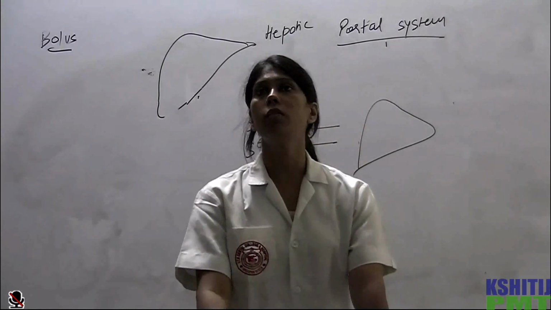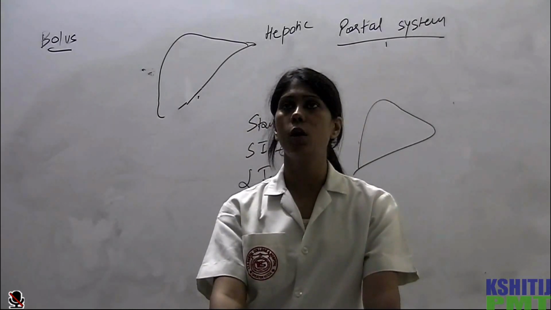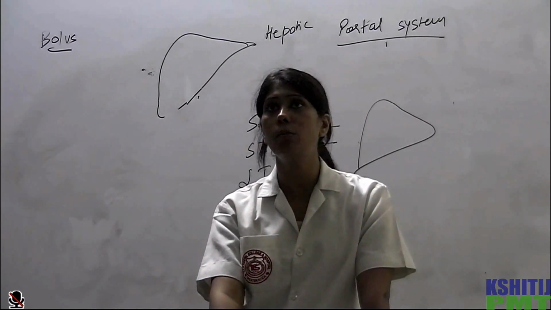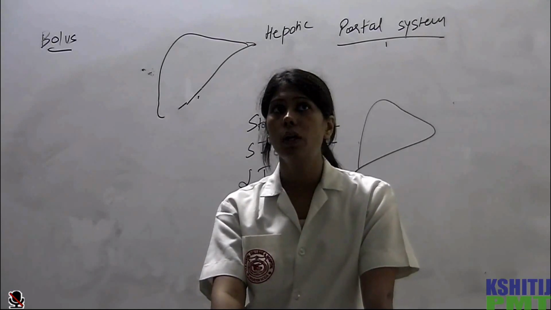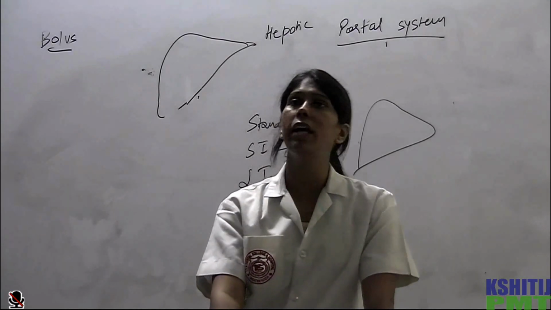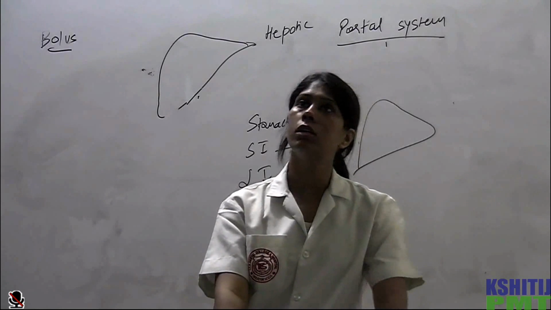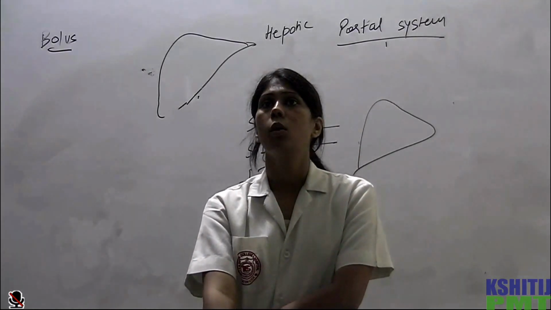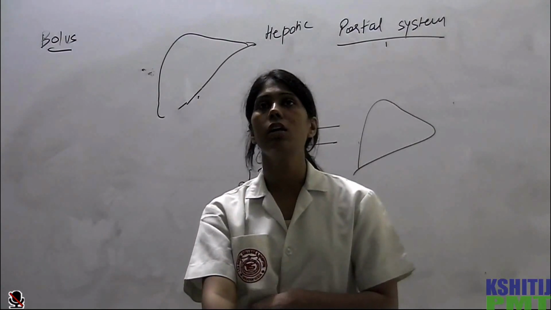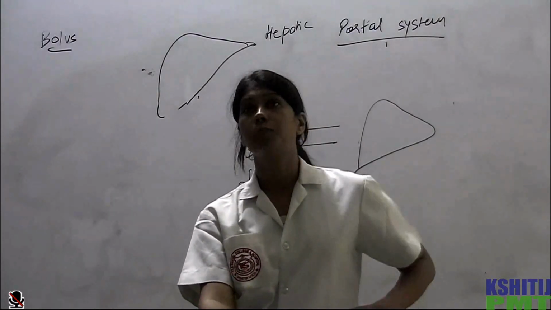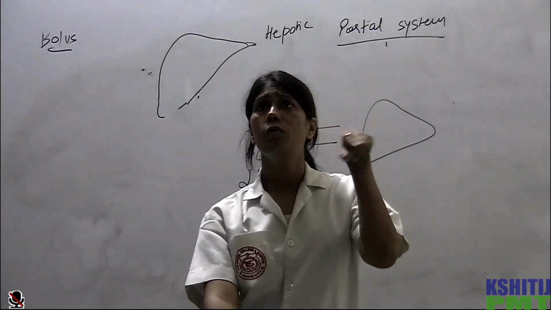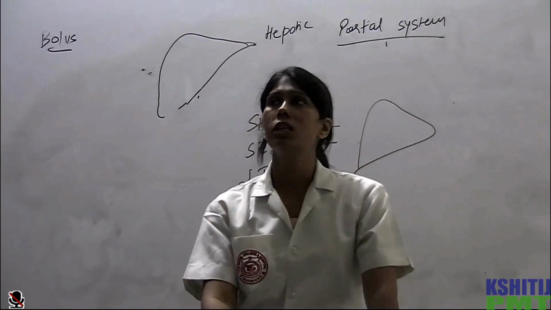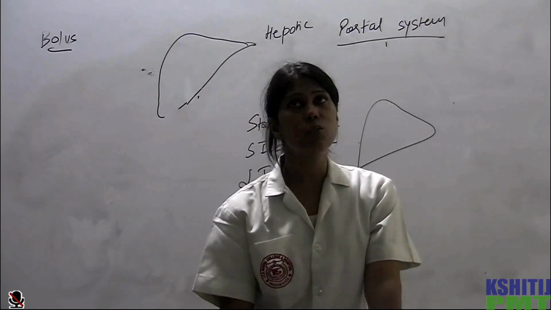So what will happen if the liver is not there? That blood will enter the heart via the vena cava, and from the heart it will enter all the body parts. Obviously, the toxicity will spread everywhere in the body. This is what we are avoiding.